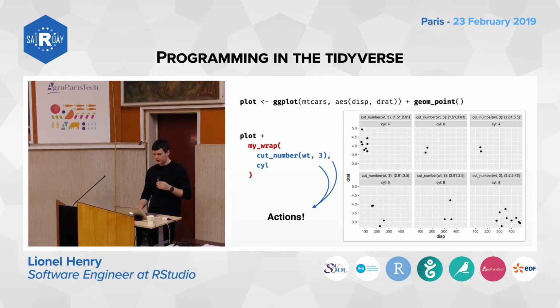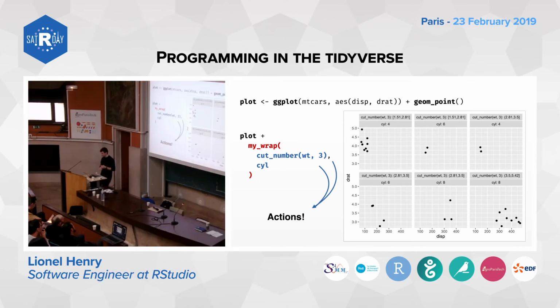specification. And since this takes actions, we can create new vectors on the fly. So here I'm creating a new factor from a continuous variable that has 3 levels. And you can see in the facet titles that we get not only the facet level for the current facet, but also the variable name.